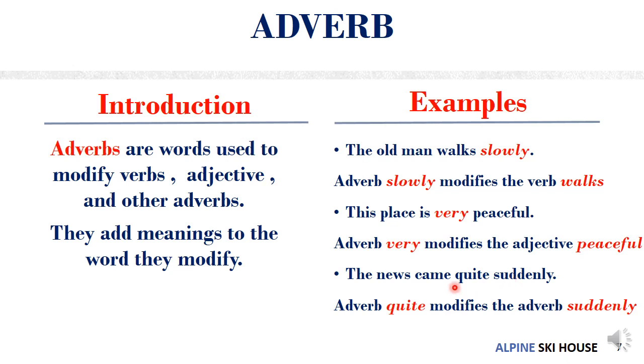Why? Came is talking about the verb, and it came suddenly. That means suddenly will become the adverb. But when I say quite, this quite is modifying suddenly. This quite has nothing to do with came. So we can clearly see here, the news came quite suddenly, and the adverb quite modifies another adverb, suddenly.